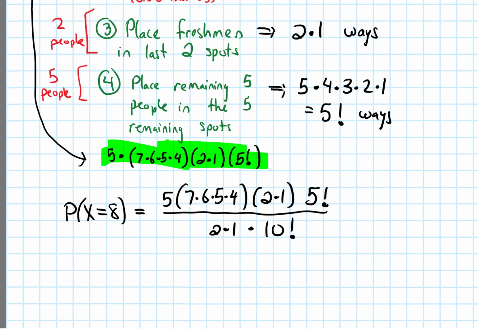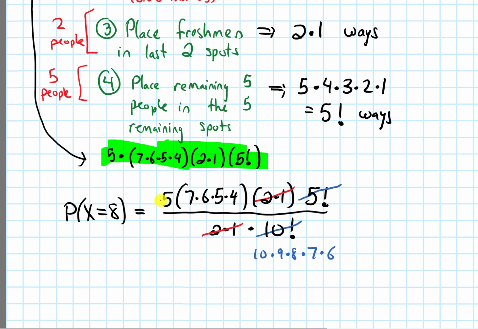Okay, so a bunch of stuff is going to cancel. The 2 times 1 cancels with that 2 times 1. And then the 5 factorial is going to cancel with a bunch of the terms in the 10 factorial. What will be left over from the 10 factorial is the 10 times the 9 times the 8 times the 7 times the 6. And then from the 5 factorial, that's just gone completely.